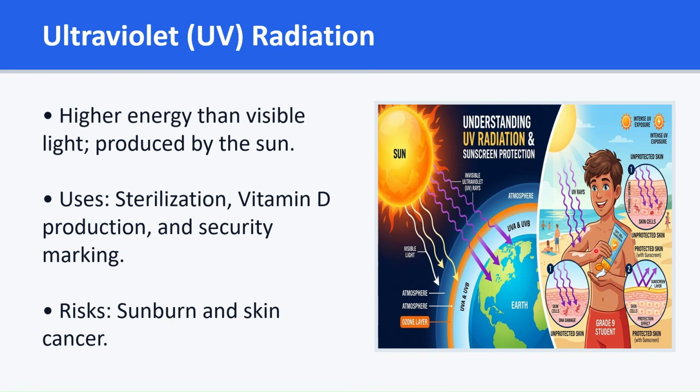Kay para dili kaayo maguba ang atong skin, di na magkaroon ng skin cancer if sobra na ang energy or UV rays na ma-absorb sa atong skin. So may gamit sa ultraviolet radiation, it says sterilization, vitamin D production, and security marking. Sa may risk niya kung masobraan tag UV radiation, it can cause sunburn and skin cancer.